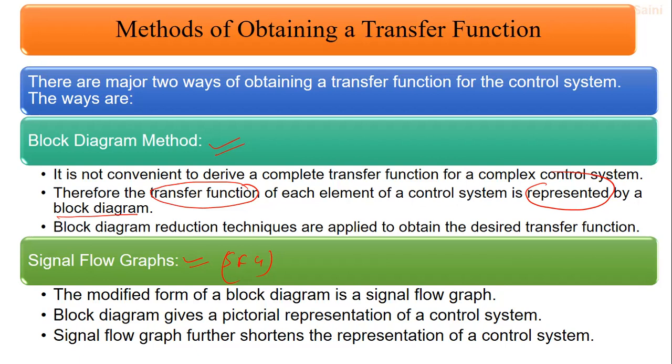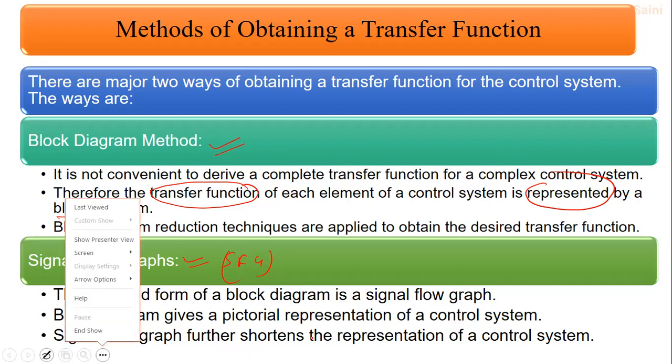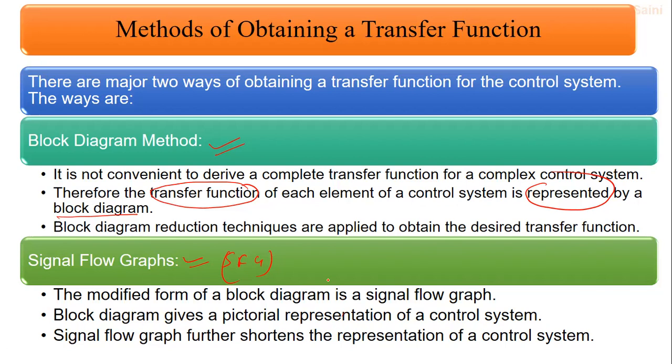This is a pictorial representation, and signal flow graphs indicate how the signal is flowing in a particular control system, right? And signal flow graph representation is a bit easier than block diagram representation.